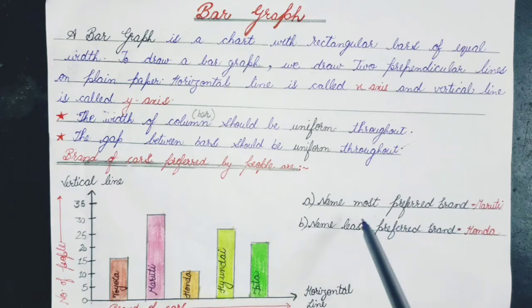Least preferred means which is the minimum preferred, preferred by very few people. Can you see any brand which is less preferred by the people? Yes, Honda, which is preferred by the 10 people. So we can write the answer Honda. You can observe class, within seconds we can give the answers with the help of the bar graph. Am I clear with this?